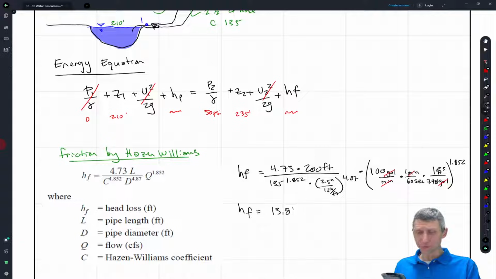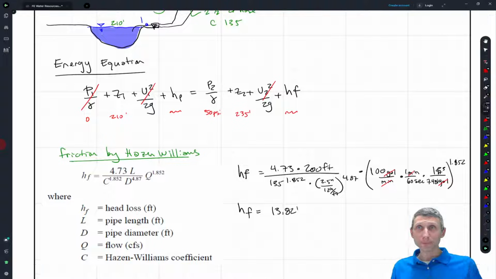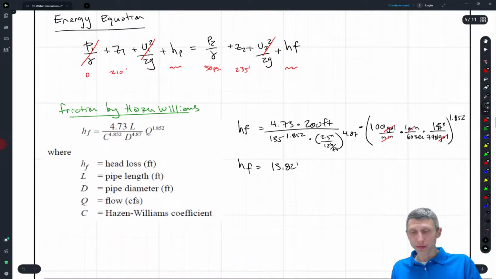Then divided by 60, divided by 7.481, and raise that all to the power of 1.852. Did we do it? Yeah, 13.82 feet. Okay, so that's the friction loss just from the water flowing. The good news is we now have everything to plug into our energy equation, so we can do that and solve.